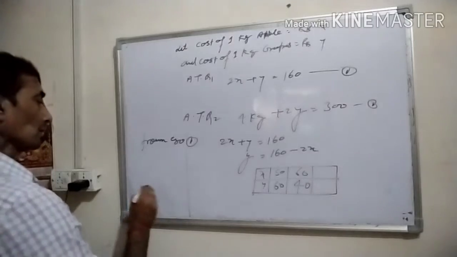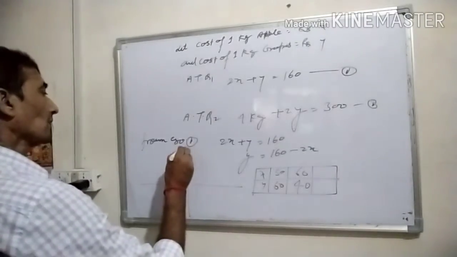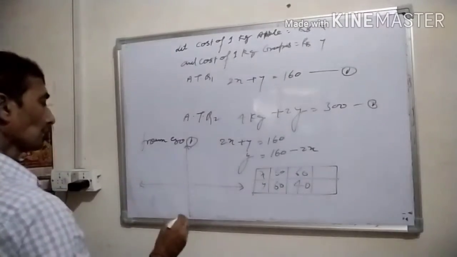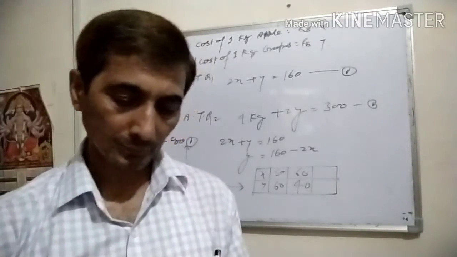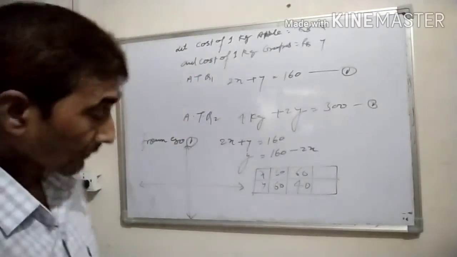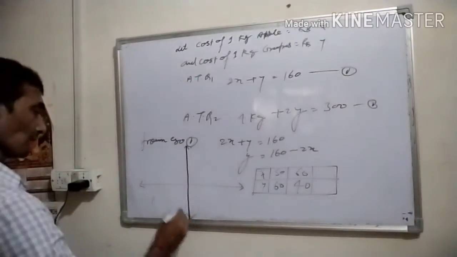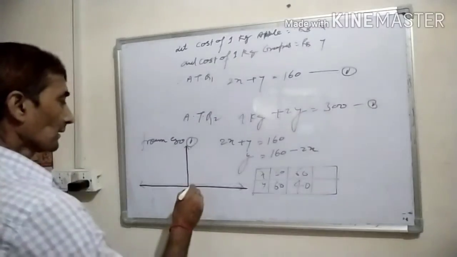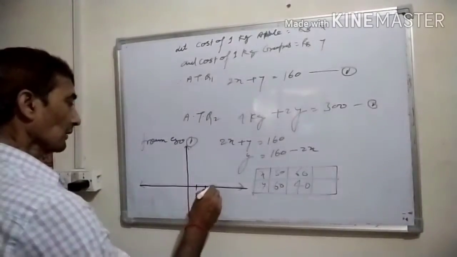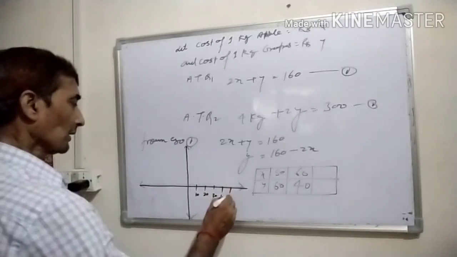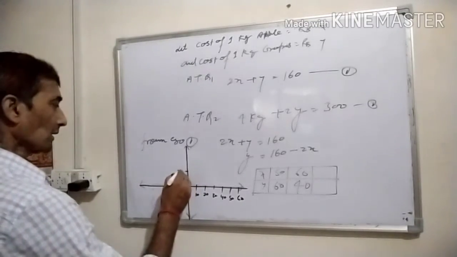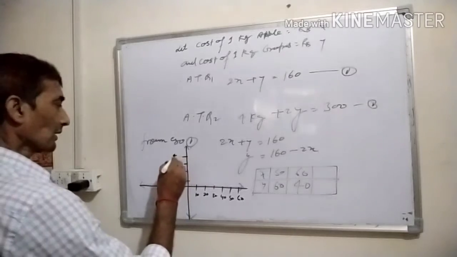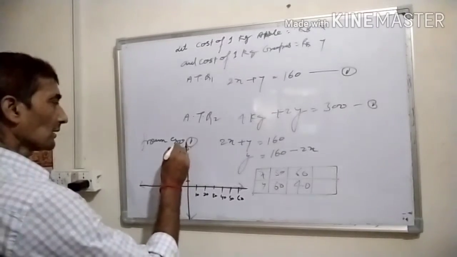Just like, see here, let this be the Cartesian plane. And let the marks be 10, 20, 30, 40, 50, 60 on both axes.